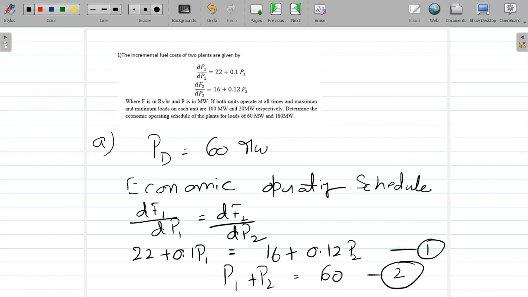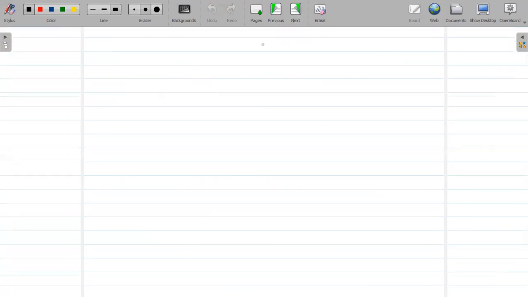When we solve the two equations, we can get the values of P1 and P2. From equations 1 and 2, 22 plus 0.1 P1 equals 16 plus 0.12 into (60 minus P1).